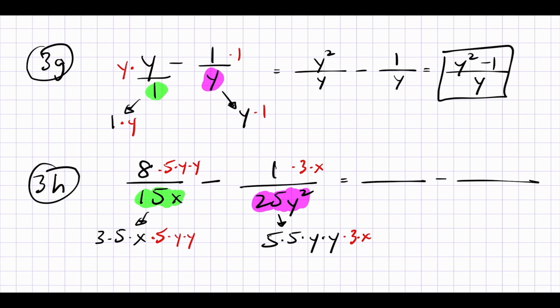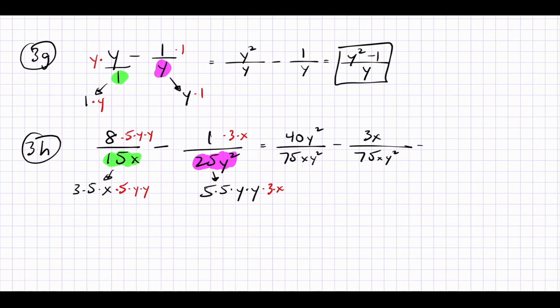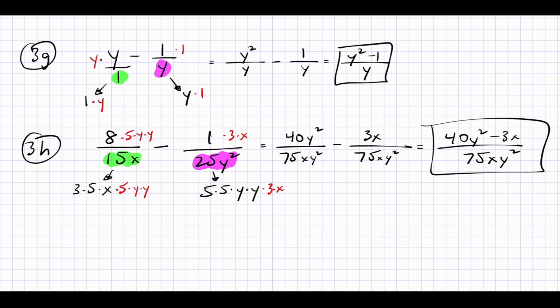Is that 75? Then you get x y squared. And then you get 40 y squared, and you get 3x. So you get 40y squared minus 3x over 75x y squared. Here we go. Okay, that's about as hard as they get.